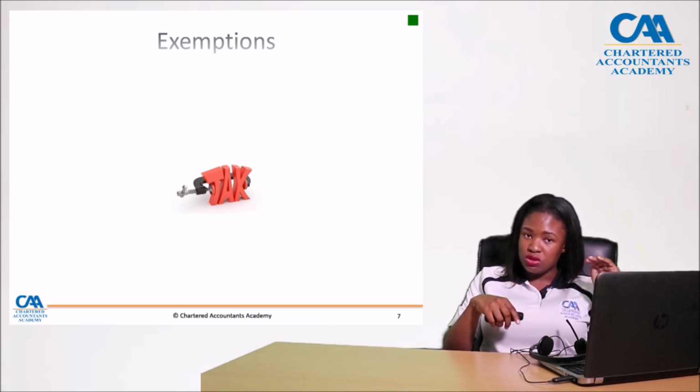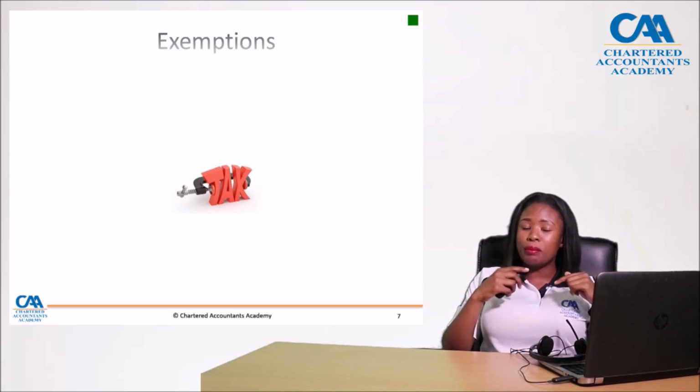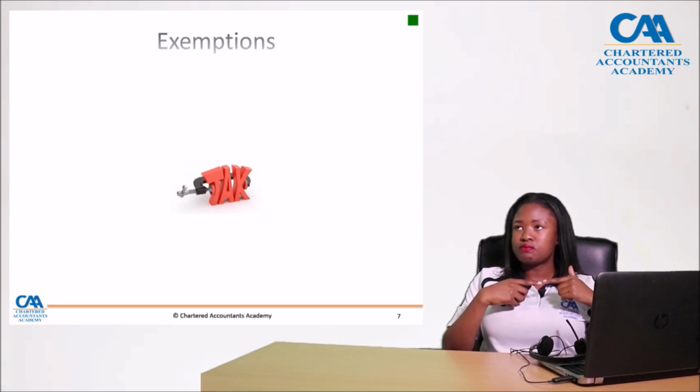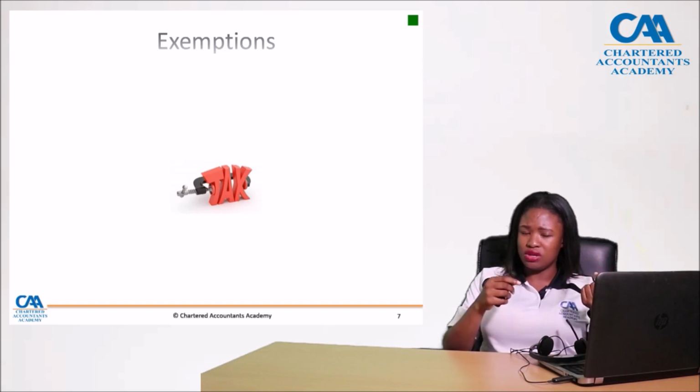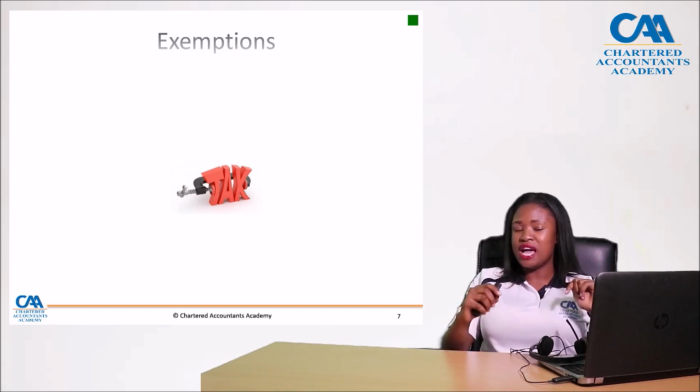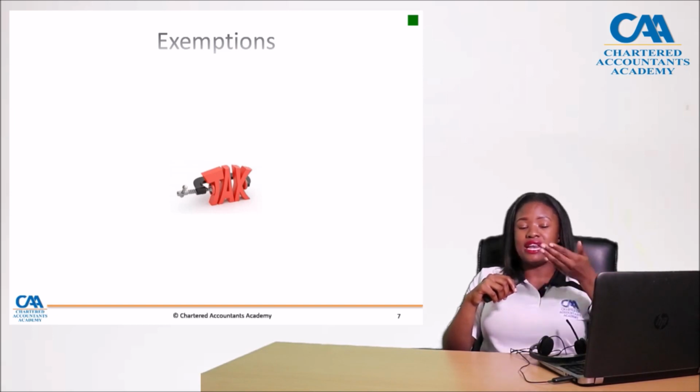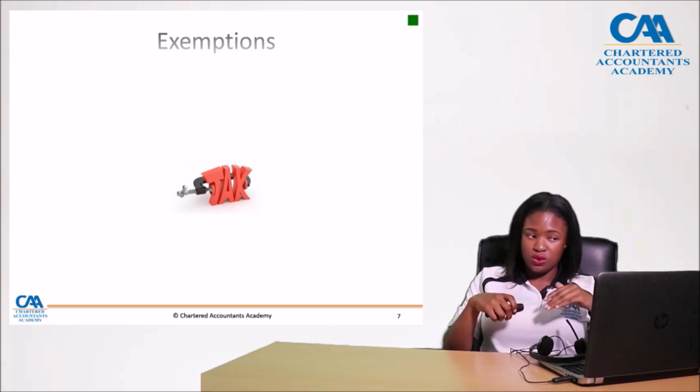So an exemption only arises after that has happened. So be careful when you are discussing your answers to say there are no income tax consequences because something is exempt. There are consequences because it has first been included and now it is being excluded.